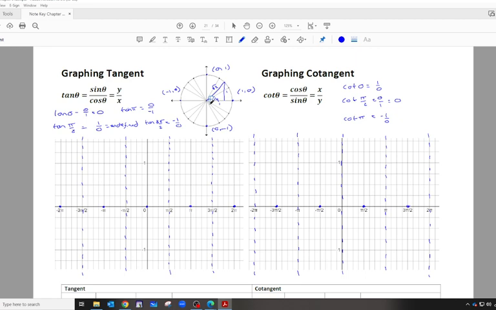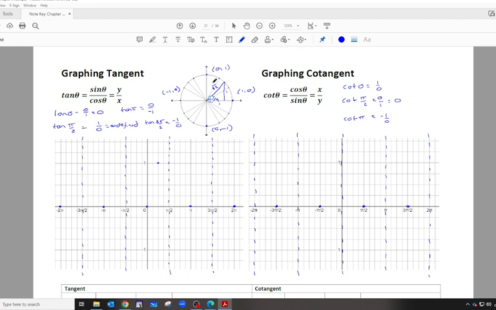So if we think of tan as being y over x, it'd be 1 over 1, or opposite over adjacent, it's 1 over 1. And so we'd have this value for tan of what? Well, it's positive 1. So in the first quadrant, tan of pi by 4, halfway between 0 and pi by 2, we have a value of 1.